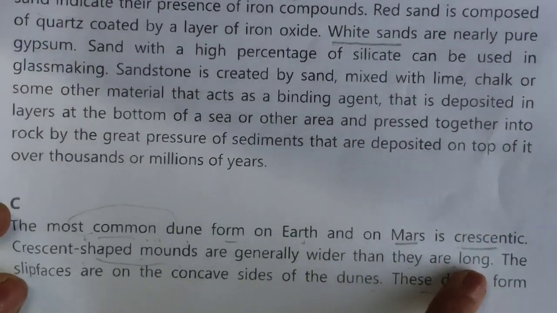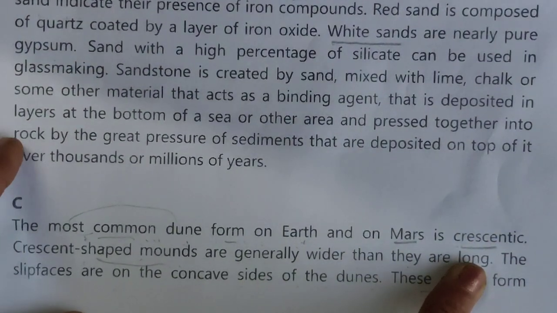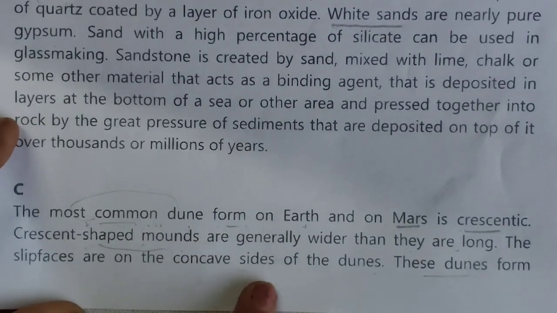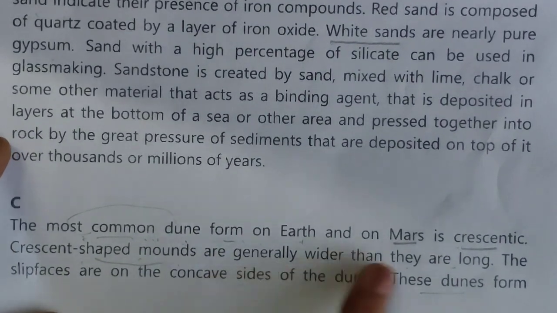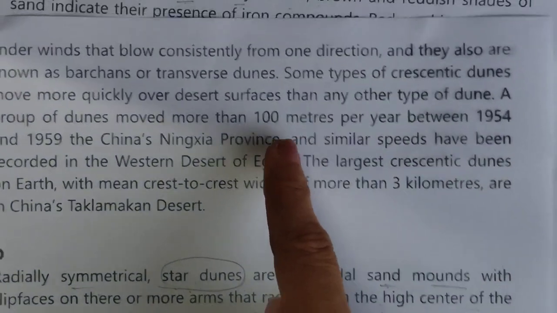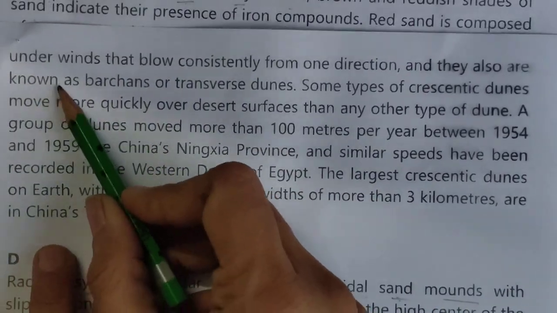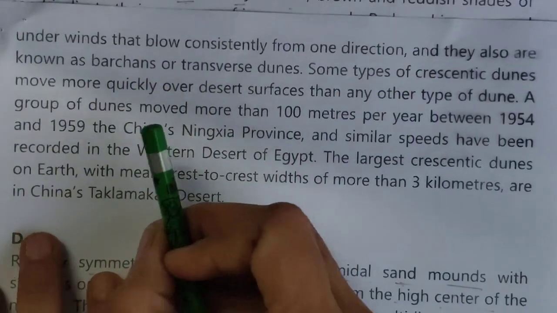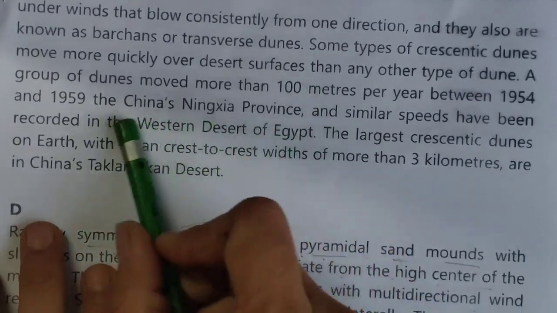Crescent is also here, so we are looking for linear and overlap. If they are not there, then we will decide. In C paragraph, this is there, and in C paragraph in continuity, let's read the linear and overlap words.